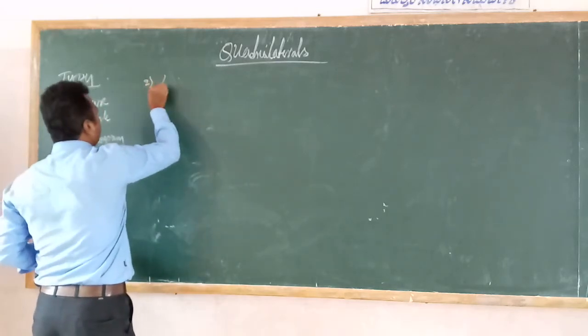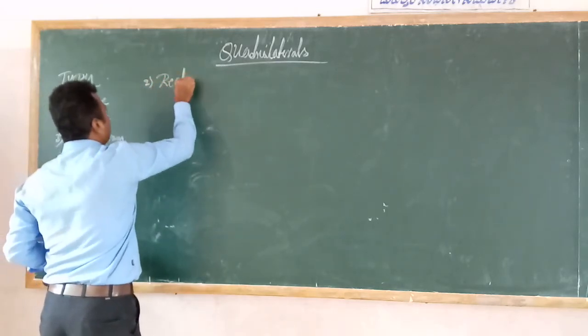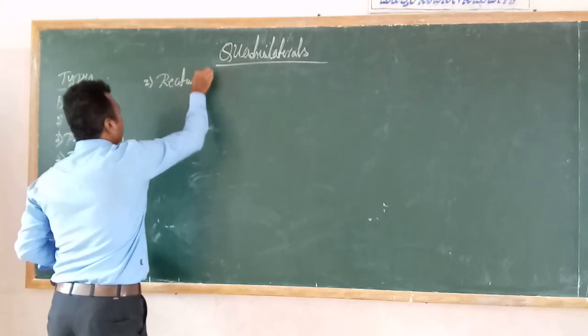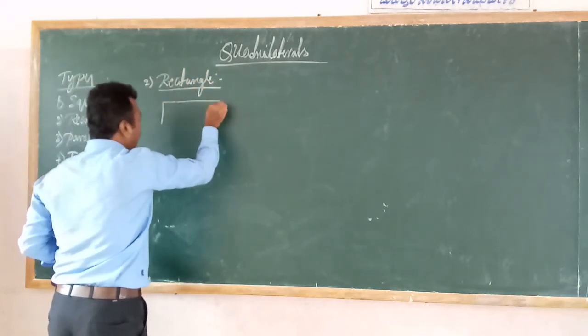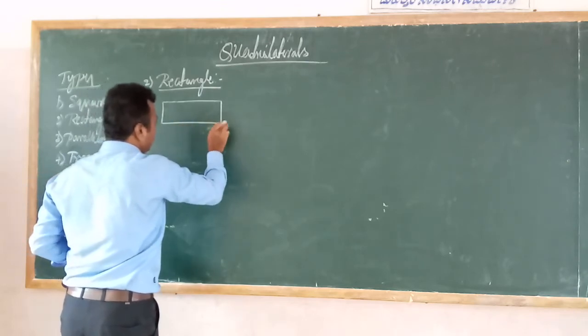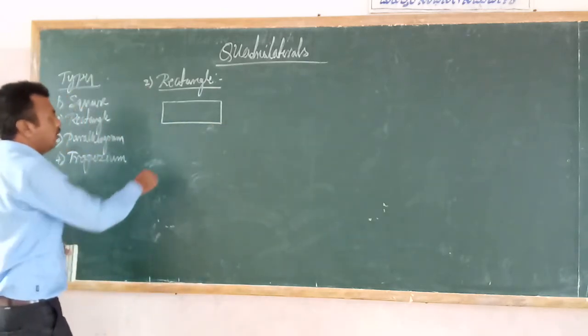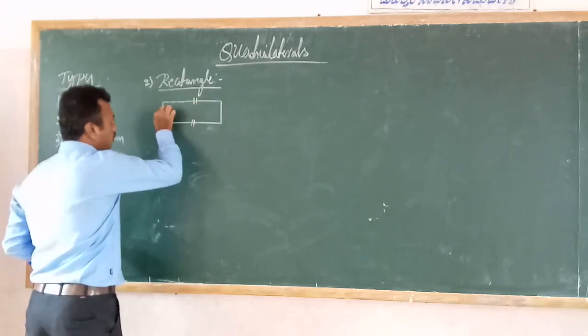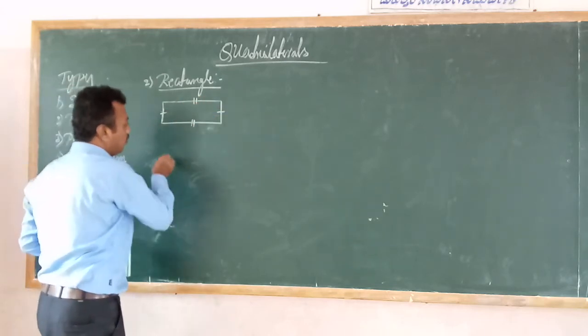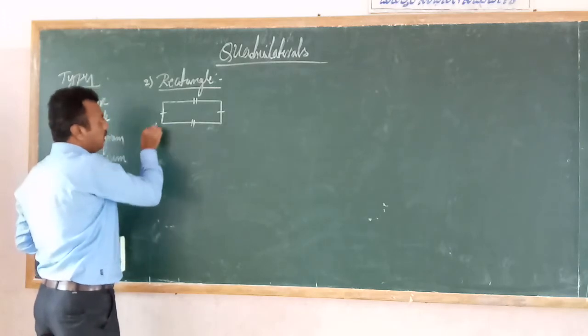Second one, rectangle. I will go to the rectangle. So what do you mean by rectangle? We know the rectangle shape. See, in a rectangle, opposite sides are equal. Is it right? Opposite sides are equal. So first, I will explain it.